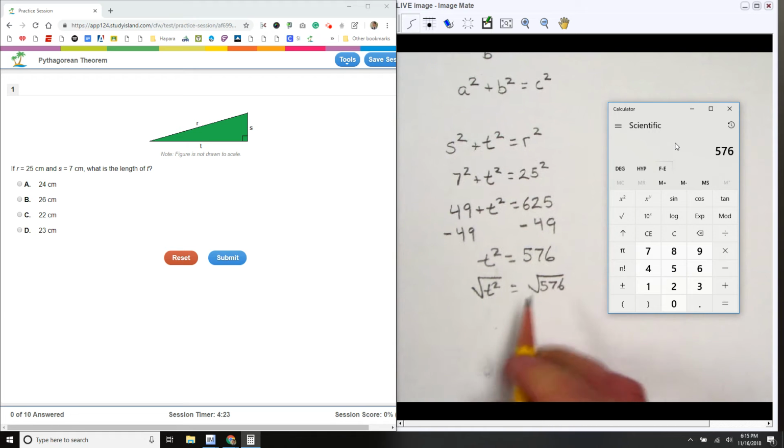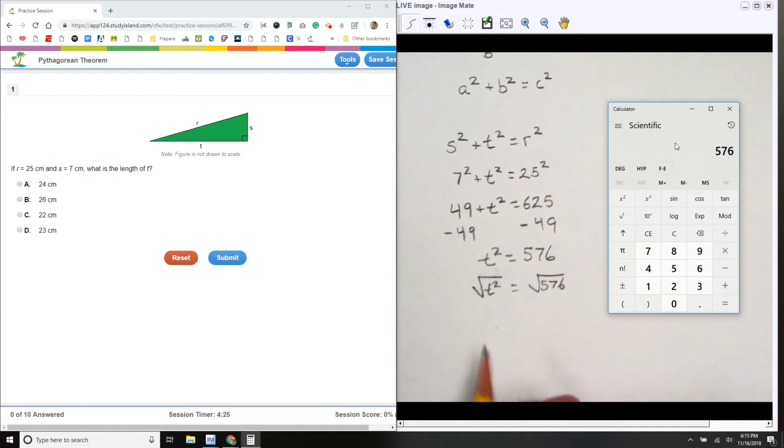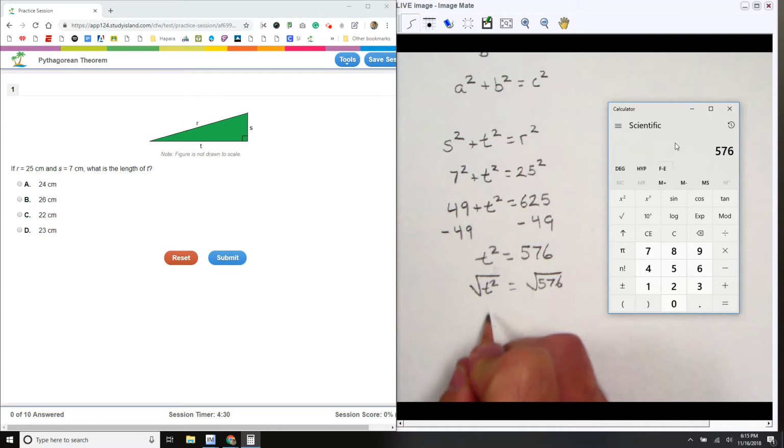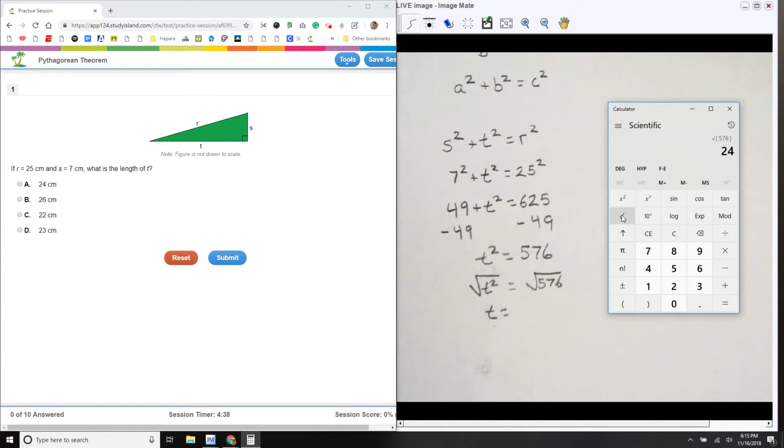And I'm only going to worry about the positive version of the square root of 576 because I can't have a negative length. So the square root of T squared is T, and the square root of 576, all you have to do is hit the square root button, and you're going to get 24. So there it is, 24.